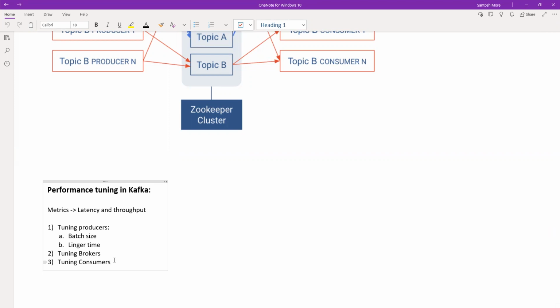If you have a larger number of consumers and they are reading only one partition, then it won't be good, isn't it? So you will have to have a single consumer, or maybe n number of consumers reading one partition, or vice versa. So you'll have to add either consumers or partitions.